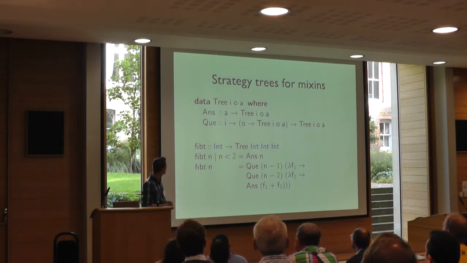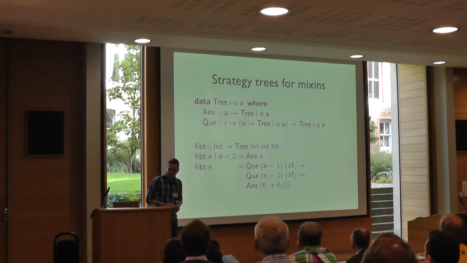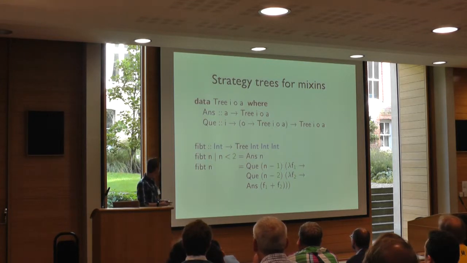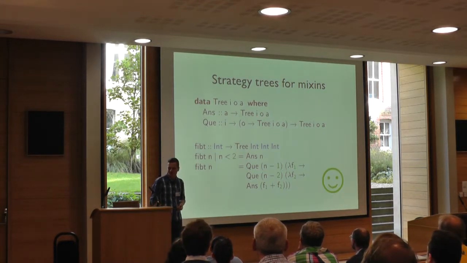So we've got a continuation function which gives us another strategy tree. And if you look at FibT, this is exactly what we wanted.